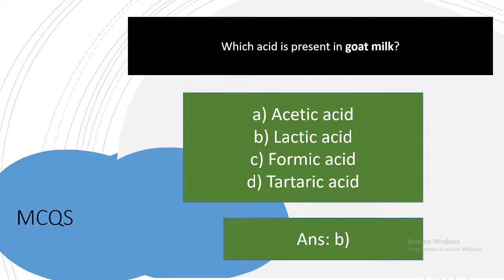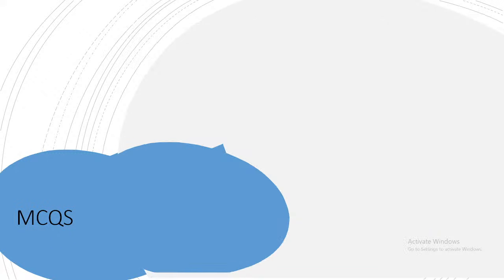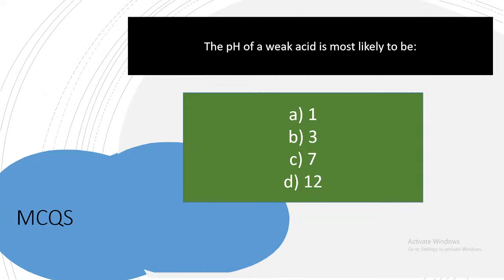Let's move to the next one. The pH of a weak acid is most likely to be: option A is 1, B is 3, C is 7, D is 12.